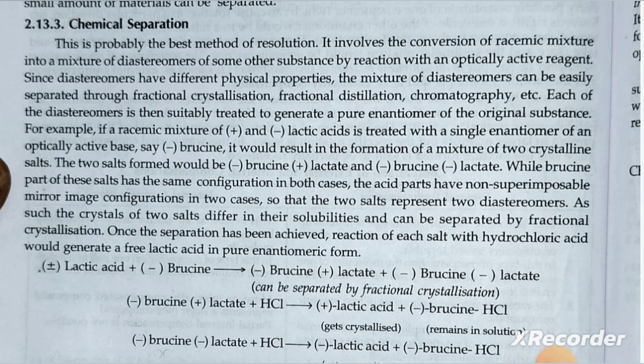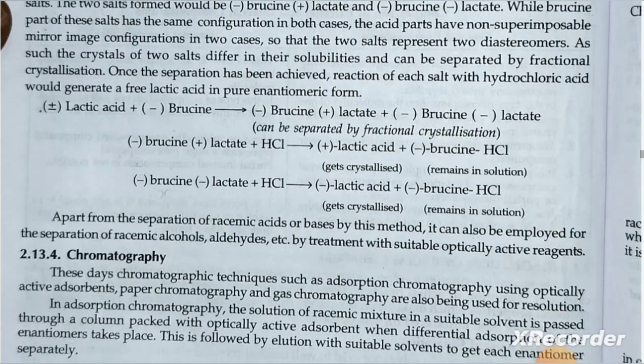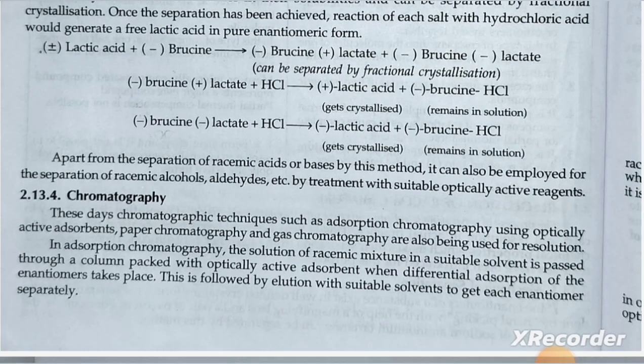Minus brucine plus lactate plus HCl gives rise to plus lactic acid plus minus brucine HCl. Plus lactic acid gets crystallized, while minus brucine HCl remains in the solution. Minus brucine minus lactate plus HCl gives rise to minus lactic acid plus minus brucine HCl. Minus lactic acid gets crystallized while minus brucine HCl remains in the solution.